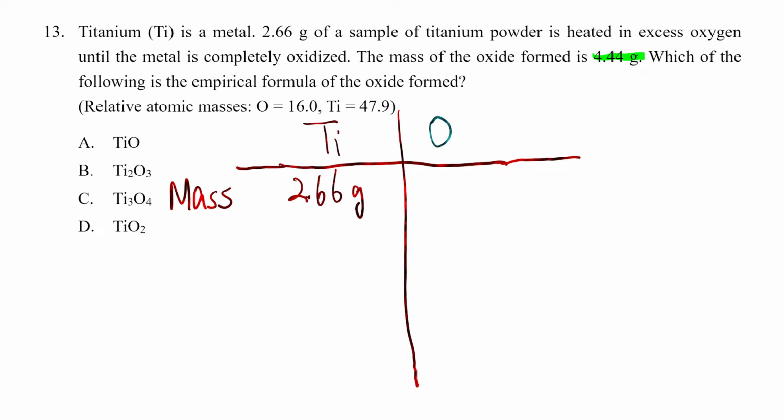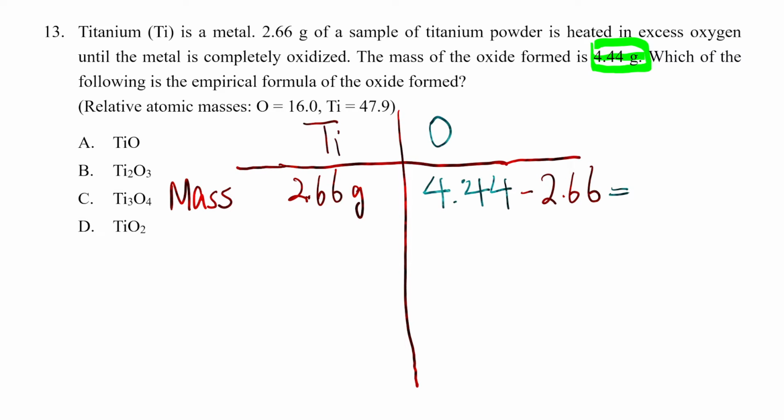For oxygen, I'm not given, but indirectly I could find it. Because here I know the total mass of this titanium oxide is 4.44. I can just subtract this amount by the mass of titanium so that the remaining amount would be the mass of oxygen.